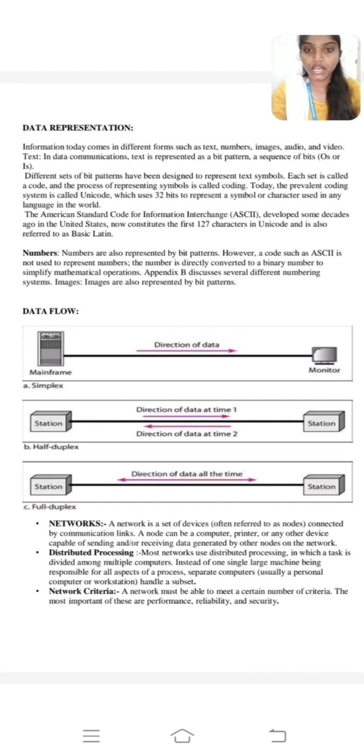The American Standard Code for Information Interchange, ASCII, was developed some decades ago in the United States. Now it constitutes the first 127 characters in Unicode, and it is also referred to as basic Latin.